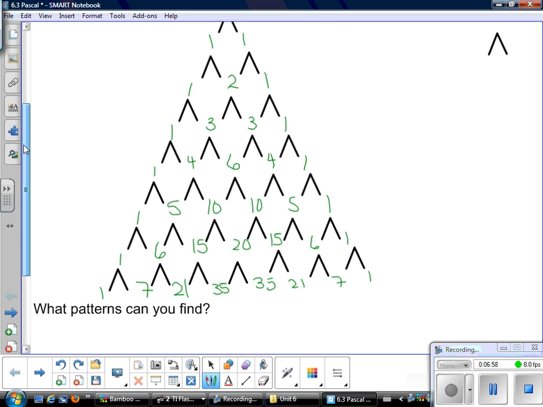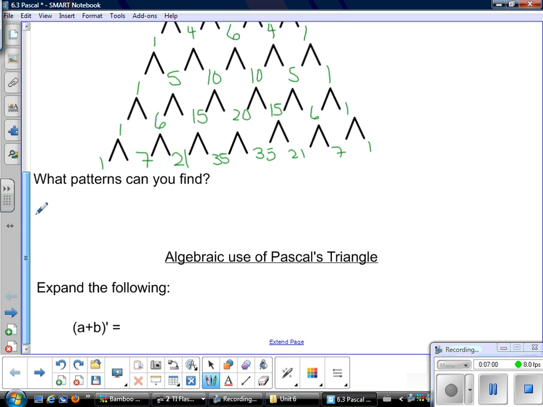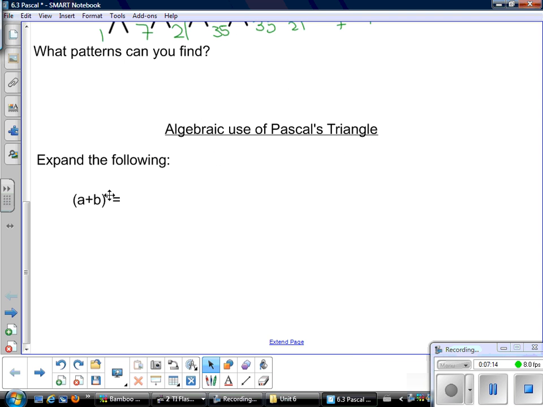So the situation we're going to be looking at is its algebraic use, and the algebraic use as far as expanding binomials. Now, a binomial is two terms. And obviously the first one is a plus b to the power of 1. And you're saying, well, that's not really expanding because there's really nothing there.